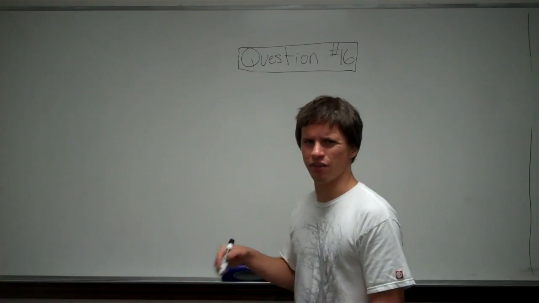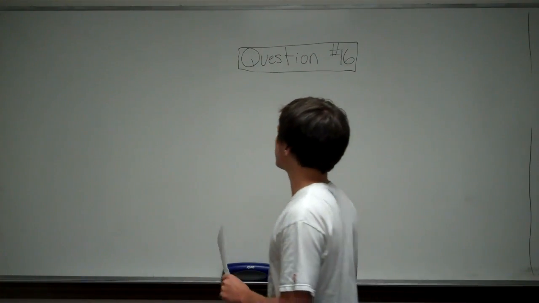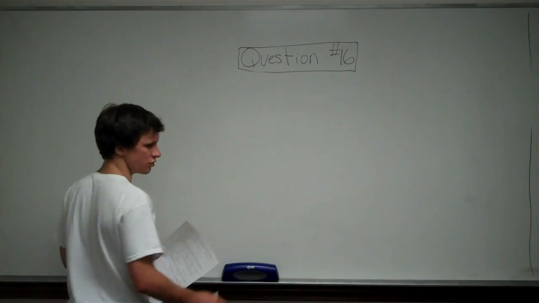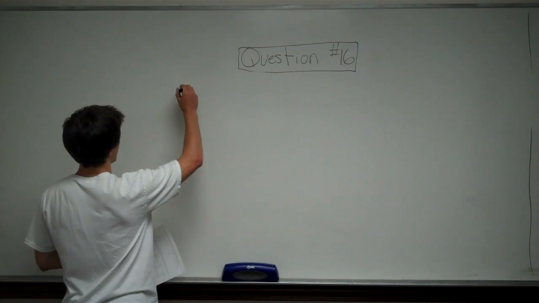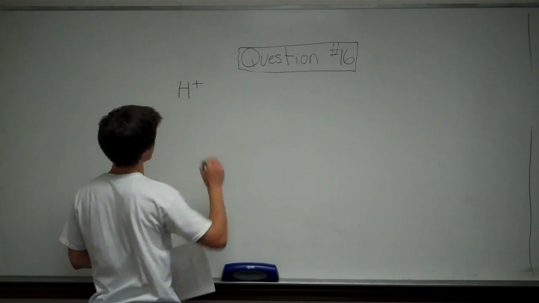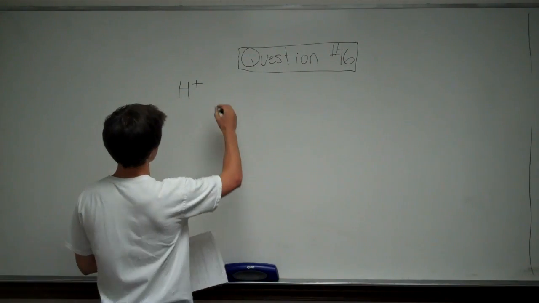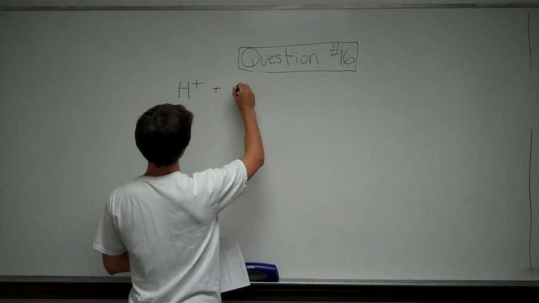important to understand the theory behind acid and base titrations. So what happens when an acid and a base react is that the acid releases hydrogen ions into the water, okay? And the base is going to release OHs.